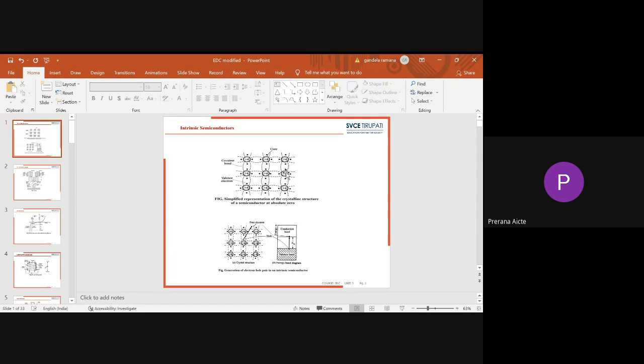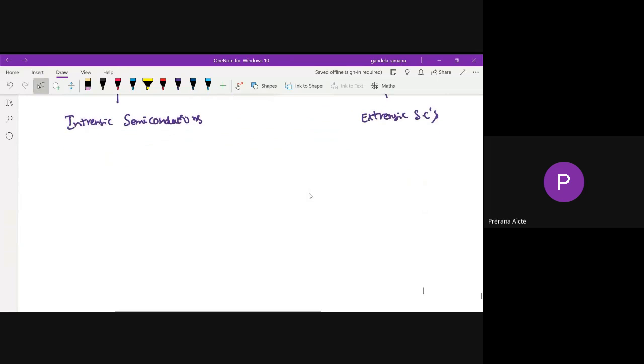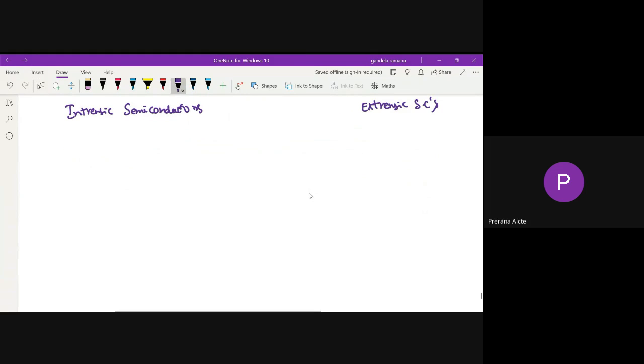Silicon has 4 valency electrons, completely bounded with the remaining atoms.